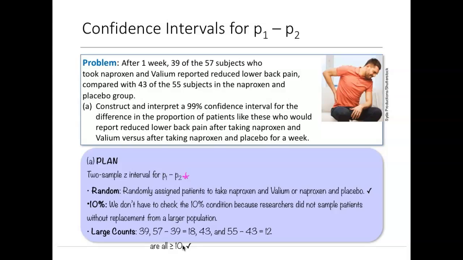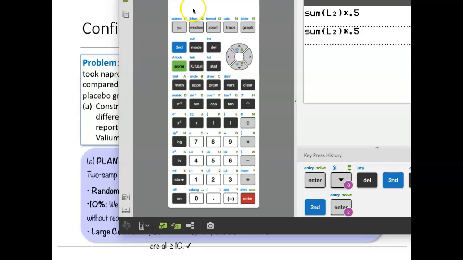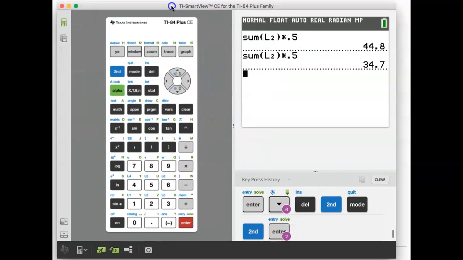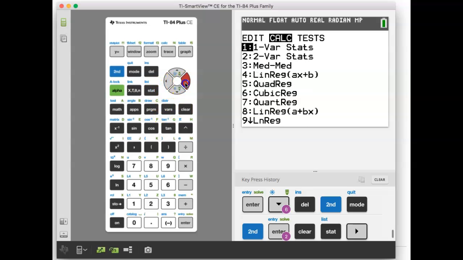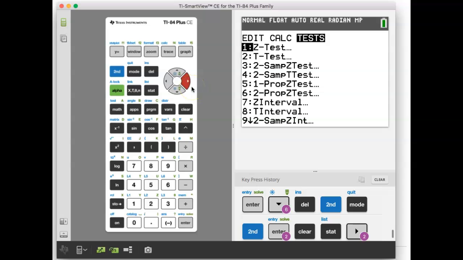Here's where your calculators come in. Let me open mine. All right, we're going to go to stat tests. Remember, if we're talking about proportions, your calculator should have prop in the name.